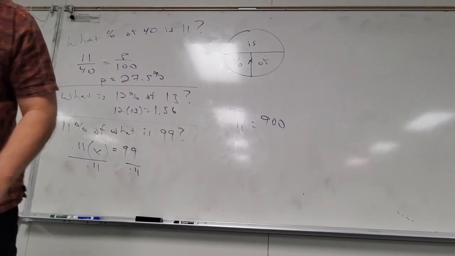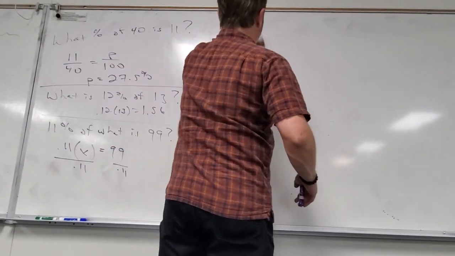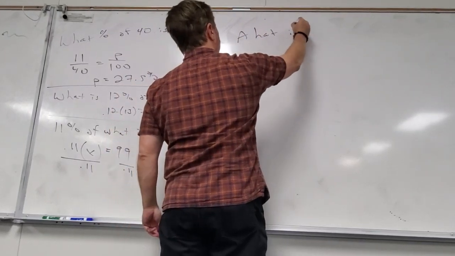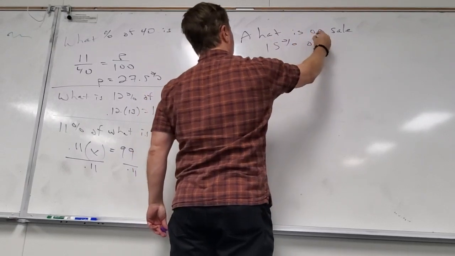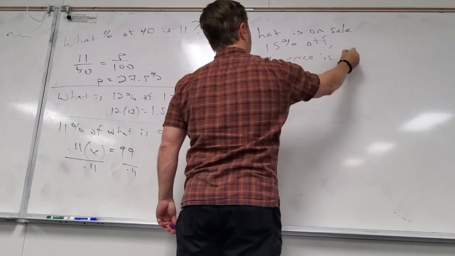Oh yeah. Last thing, I'll give you this group worksheet. If I want to buy a hat, and it's on sale, 15% off. Sale price is $17.